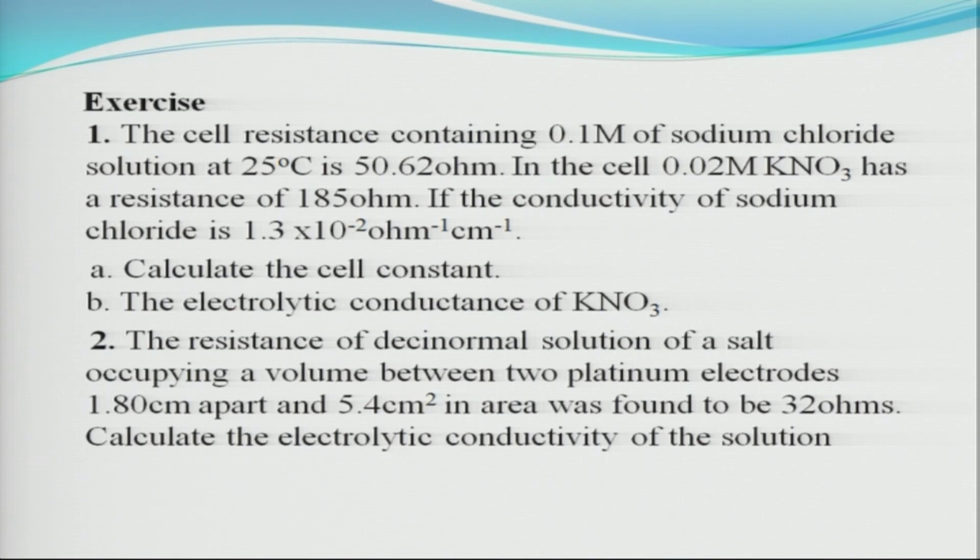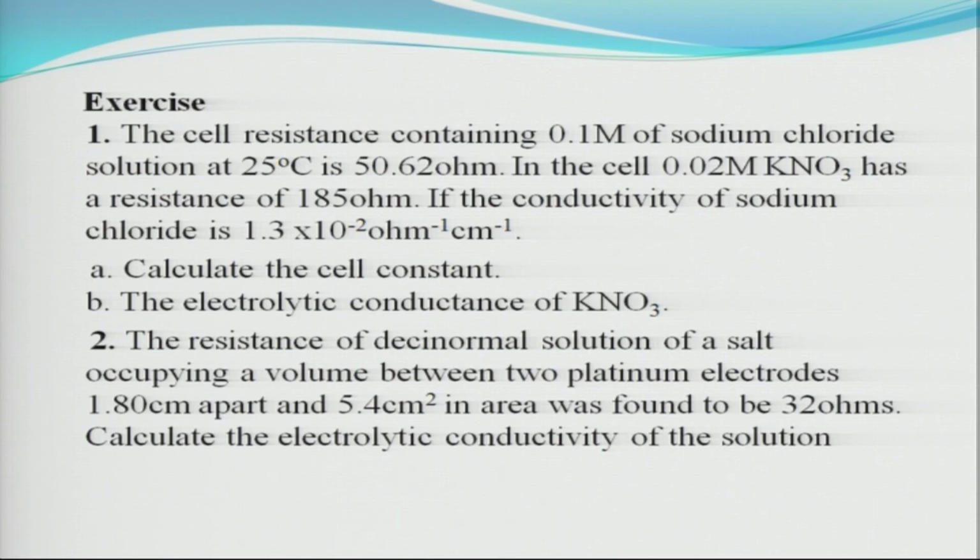Then we have another question here which says the resistance of a decinormal solution of a salt occupying a volume between 2 platinum electrodes, that is 1.8 centimeter apart and 5.4 centimeters squared in area, was found to be that one.